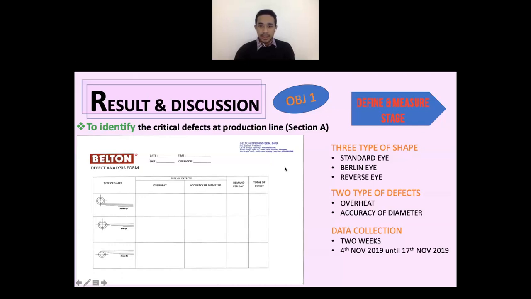In this form, we have three types of shape: standard eye, Berlin eye, and reverse eye. Then we have two types of defect, which are overheat and accuracy of diameter. This form was also collected within 2 weeks, from 4th November 2019 until 17 November 2019.